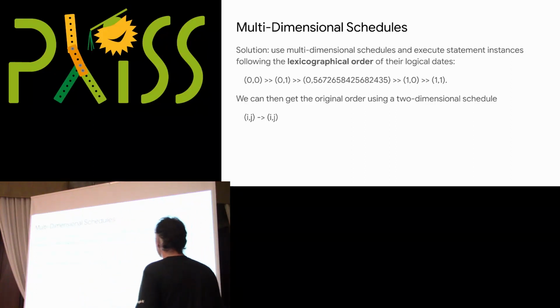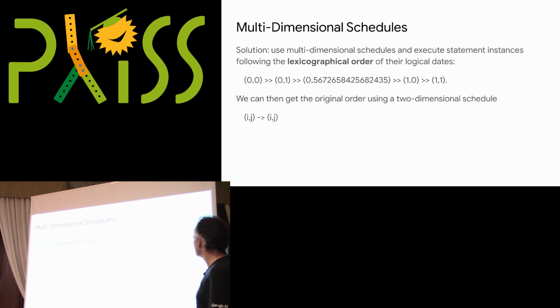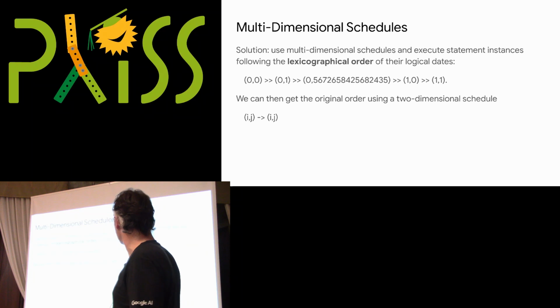So this is just an example. Except I'm a bit confused here; I think all the signs are reversed. So (0,0) comes before (0,1), comes before (0, whatever crazy large number), comes before (1,0), which is the next minute over the seconds, which comes before (1,1). Sorry, all the operators are reversed.